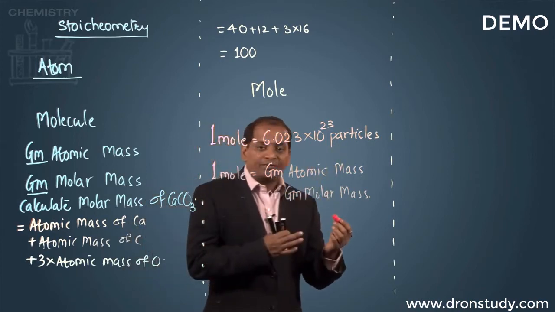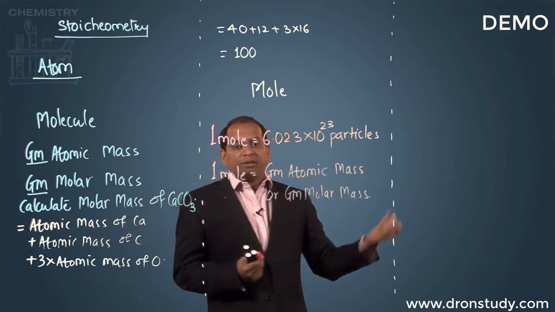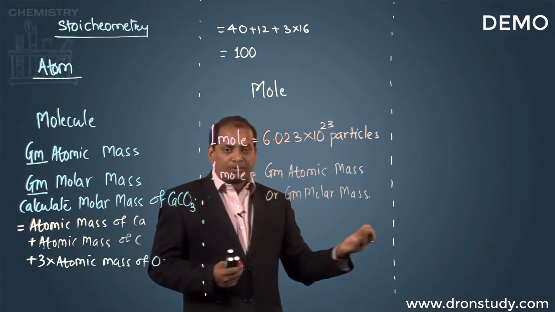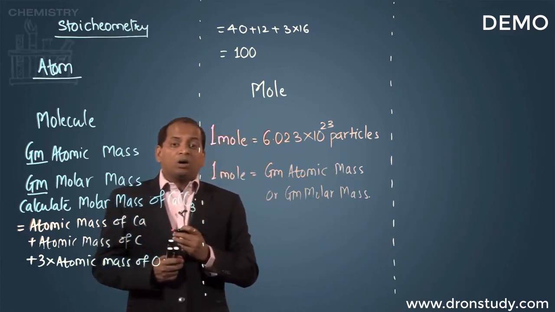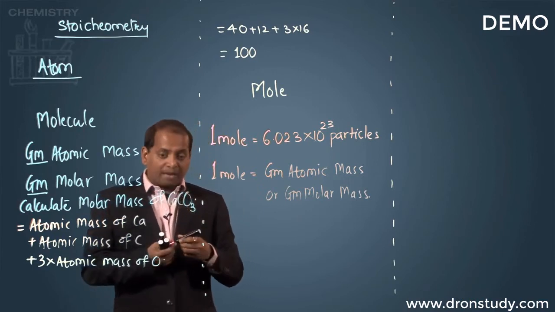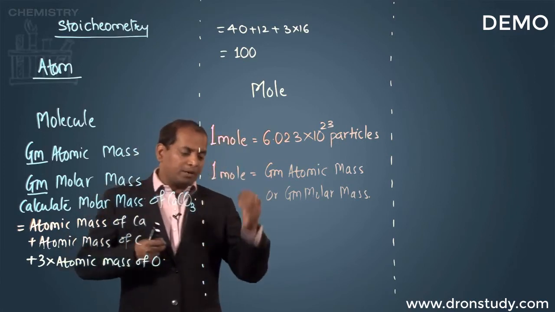Now we will first derive some formulas. One formula I will derive, and the next formula I am directly writing. It's very simple and straightforward. How? Let us consider we are taking W grams of a compound.